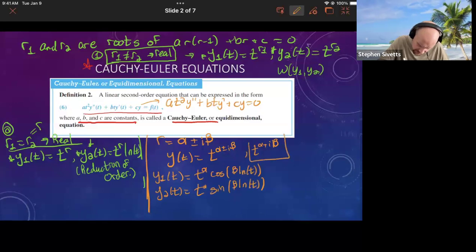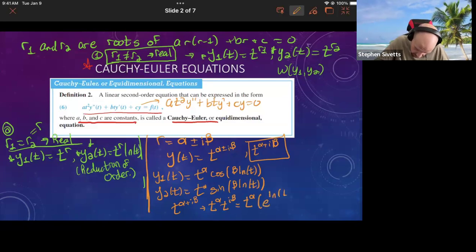So if I look at, let's say, this quantity, right? t to the alpha plus i beta, by properties of exponents, is t to the alpha times t to the i beta. Okay. And so by using another property of exponents, t to the alpha times t to the i beta is equal to t to the alpha times e raised to the natural log of t to the i beta power.